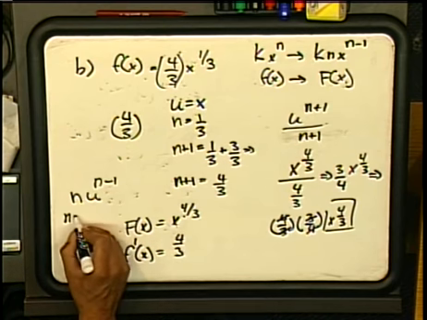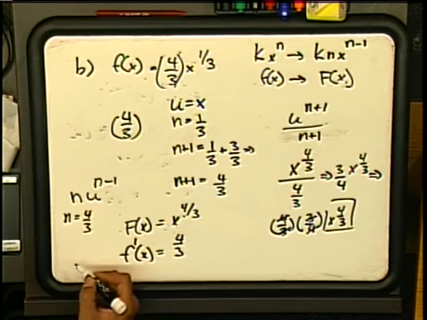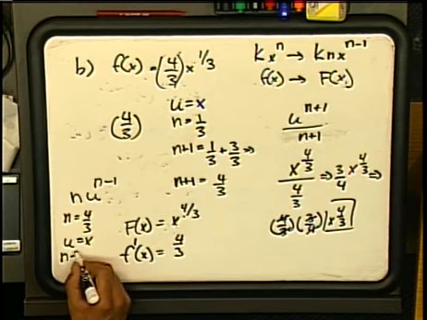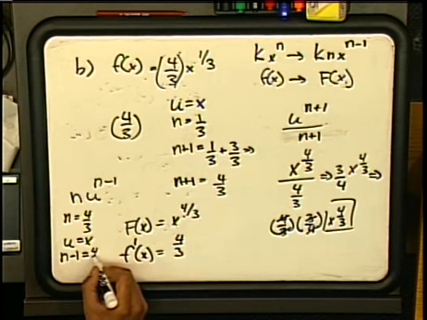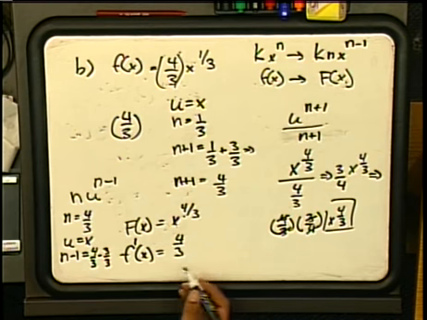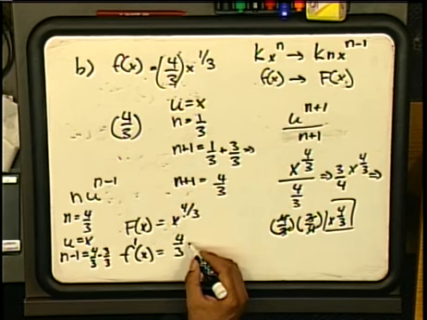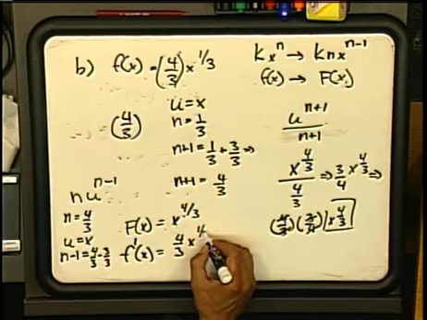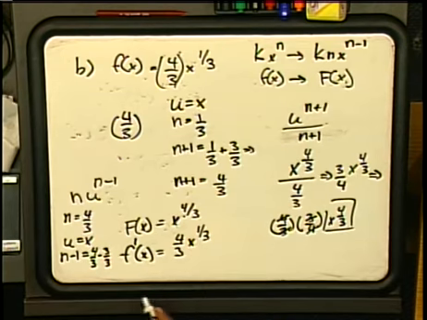So n equals 4/3, u equals x, n minus 1 equals 4/3 minus 1, or 3/3. So 4/3 x to the 1/3. And that's what we got.